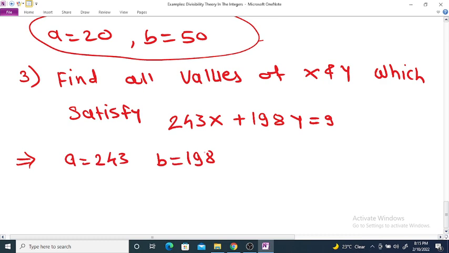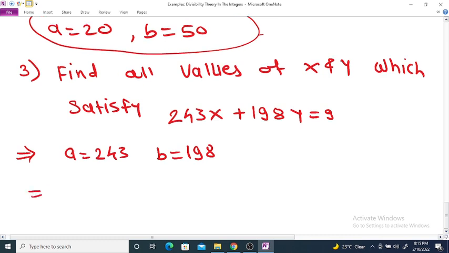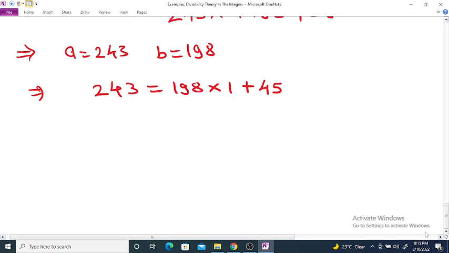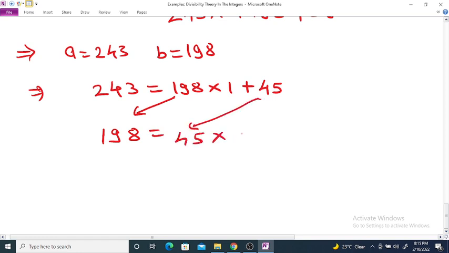Now by using the division algorithm we can write: if we divide 243 by 198, we get quotient 1 and remainder 45. Next, if we divide 198 by 45, applying the division algorithm again, we get quotient 4 and remainder 18.